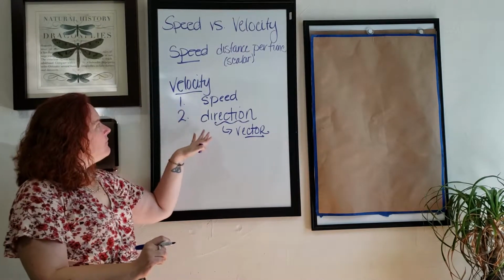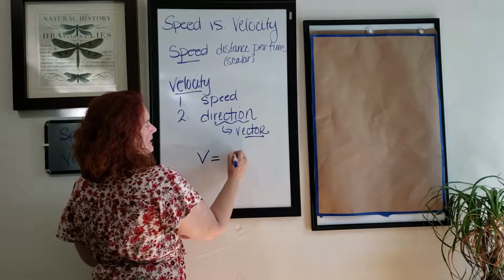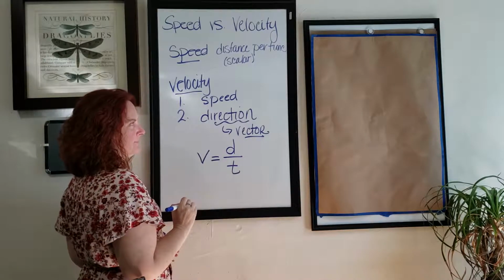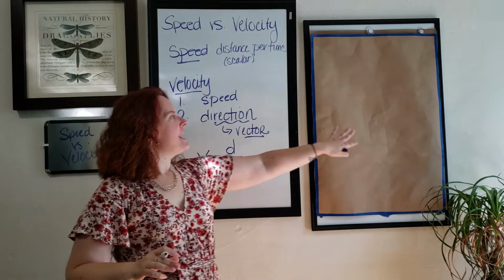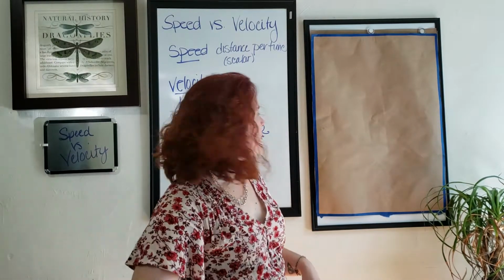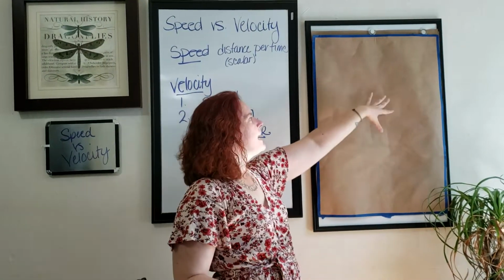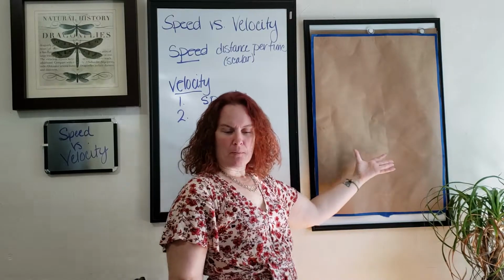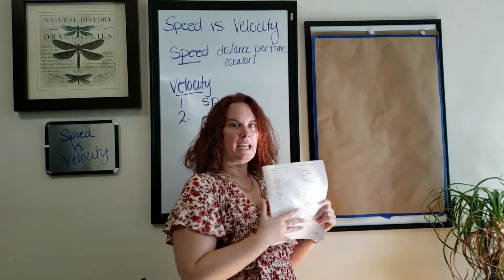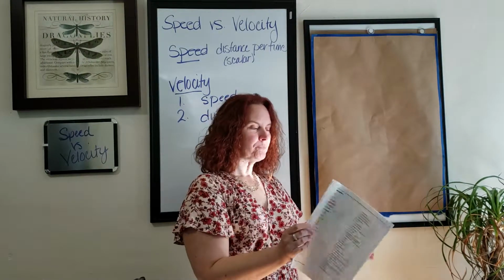So velocity is our vector quantity that we're interested in, and remember that velocity is going to be d over t. Now over here, I have some practice problems for us, but I'm going to put these up here as a reminder. Remember that we have our set of mechanics questions on our reference tables, and I'll put the link below.